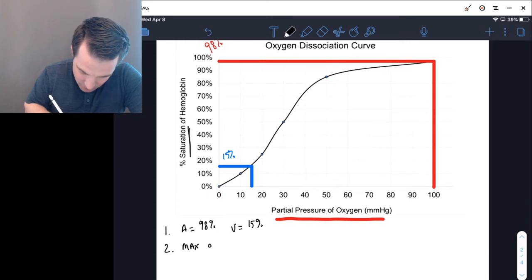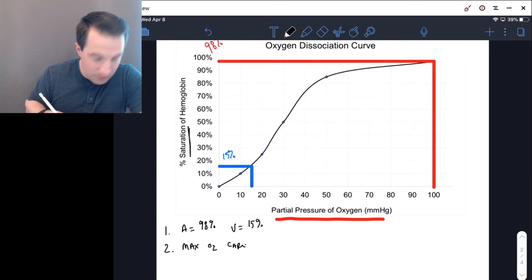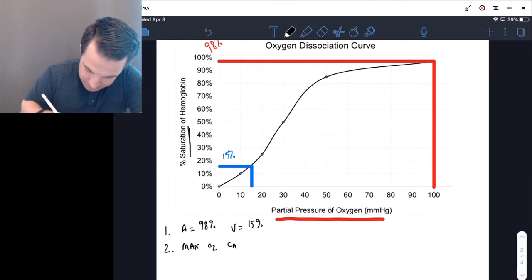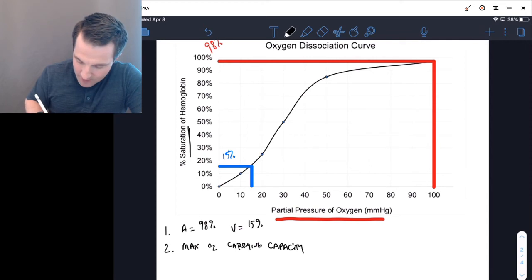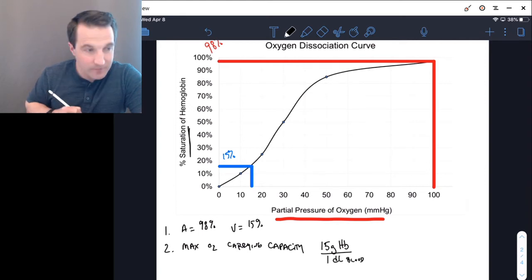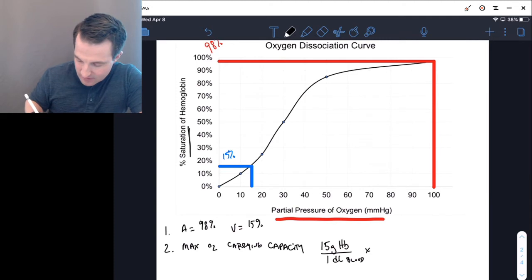Max O2 carrying, put 2 R's in there, and to get that, we take our 15 grams of hemoglobin per 1 deciliter of blood. And from here, we are going to multiply this by our constant that we talked about last lecture.